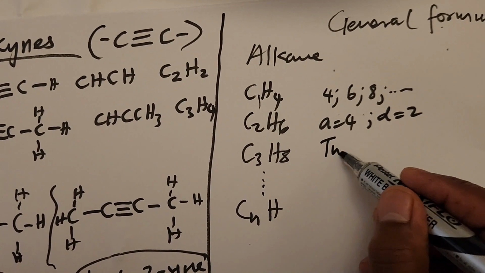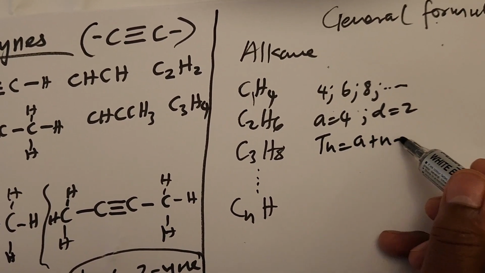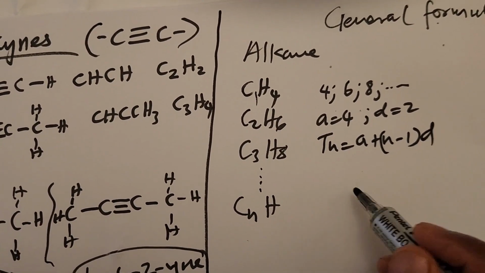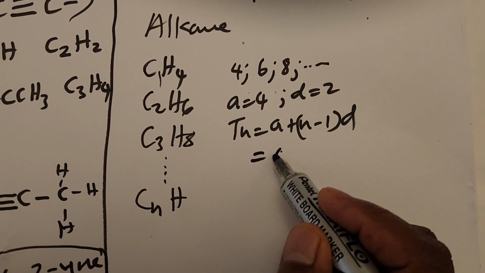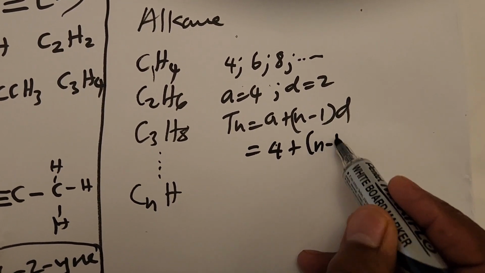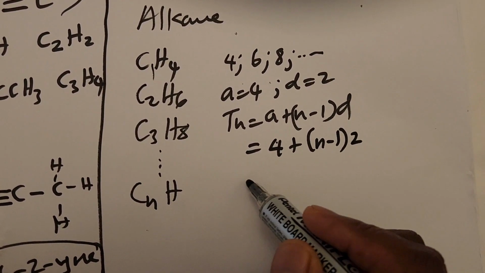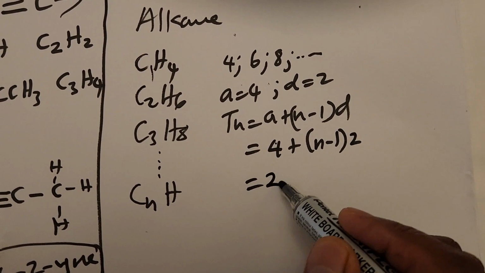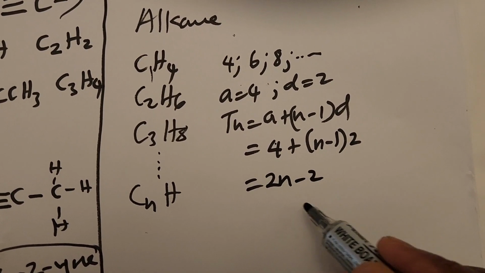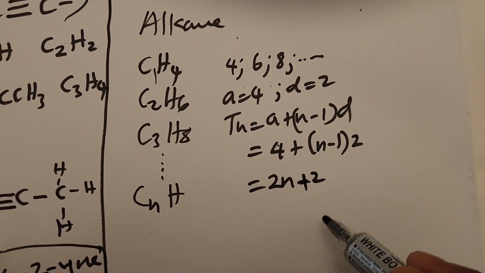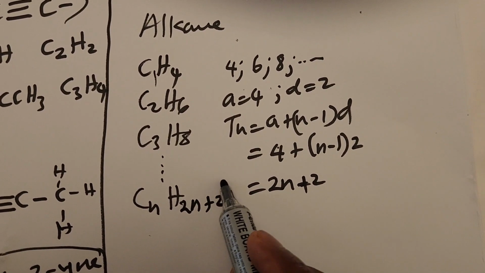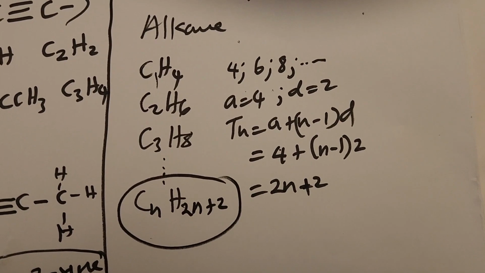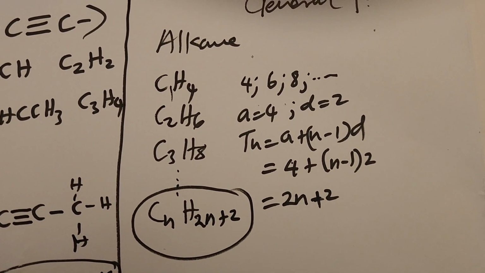Therefore the nth term becomes a plus n minus 1 d. This gives 4 plus n minus 1 times 2, which gives 2n plus 2. Therefore, the general formula for all alkanes is CnH2n plus 2.